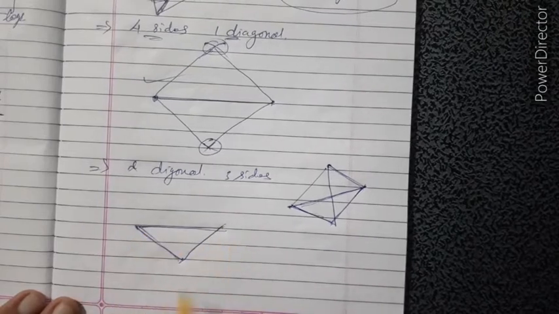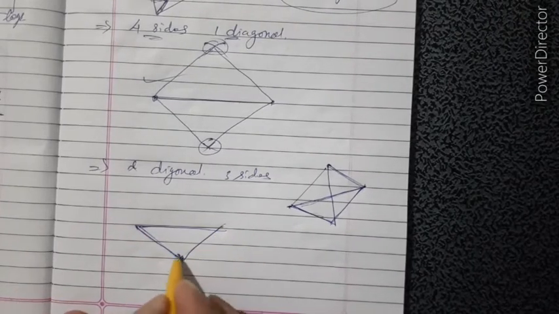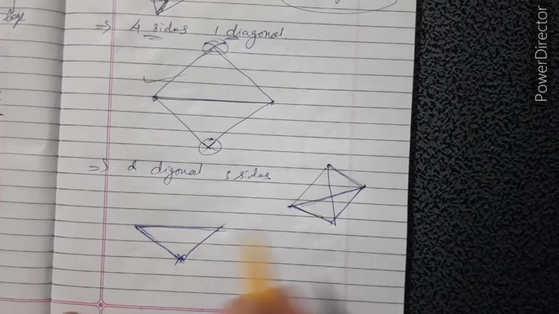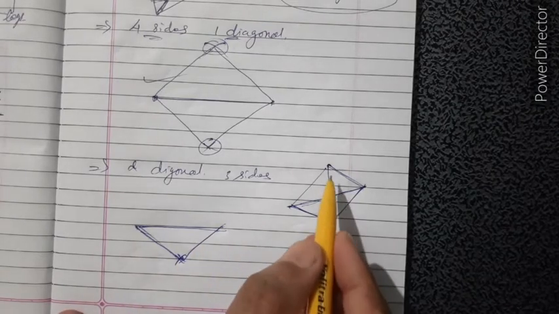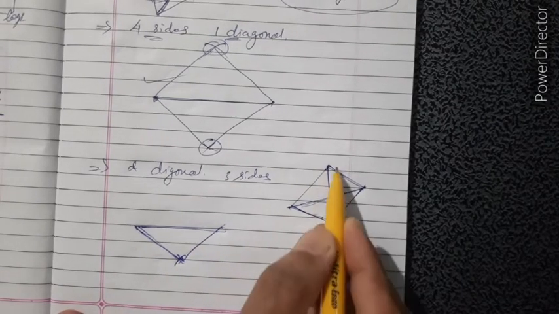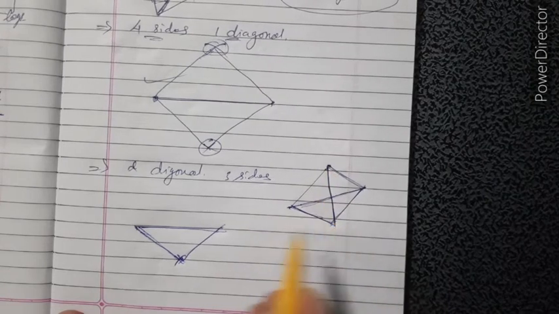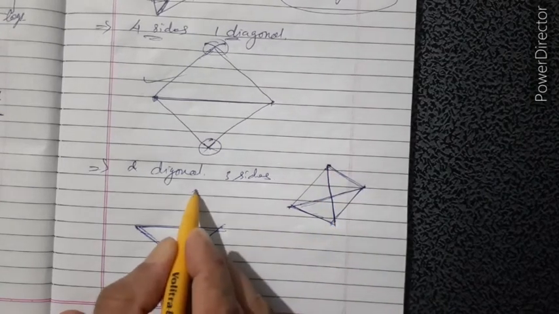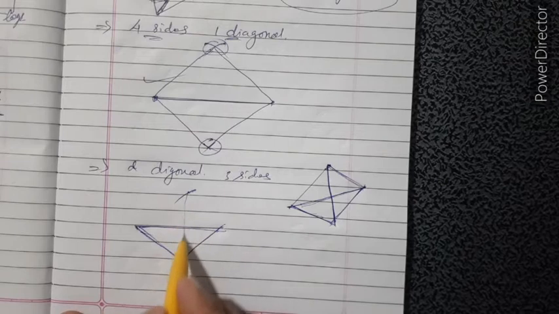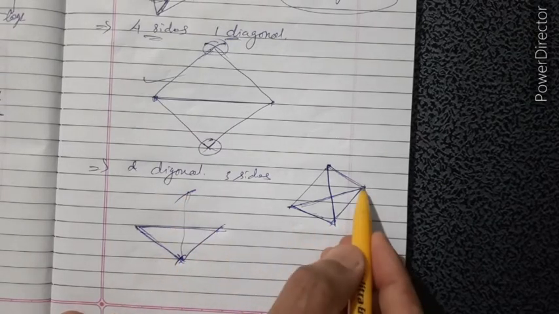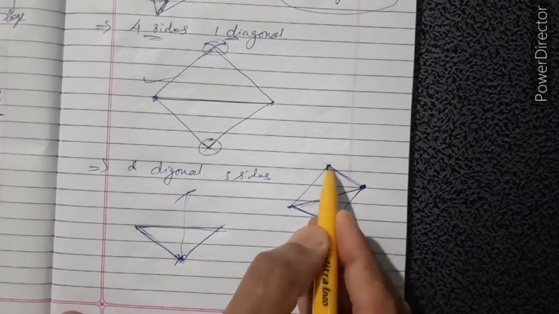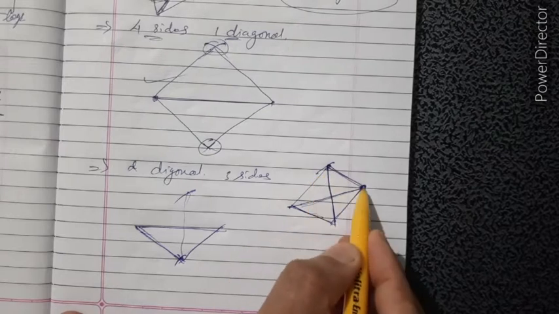You just draw an arc here, and then a mirror. Now what to do? Just draw the second diagonal with this one from here with the help of an arc according to its measurement. And same from this point, you just draw an arc with the measurement of the third side.